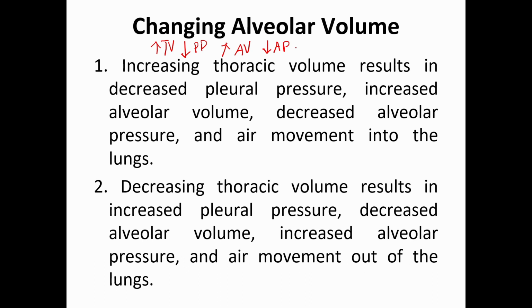With a low alveolar pressure, air will come into the lungs. Decreasing thoracic volume results in the opposite. It will lead to increased pleural pressure, decreased alveolar volume, and increased alveolar pressure, and the air will now move out of your lungs into the air.